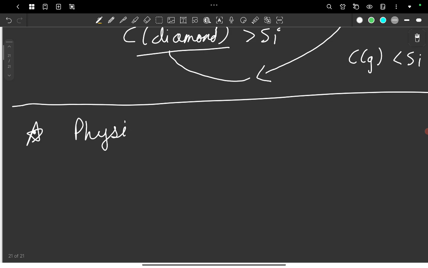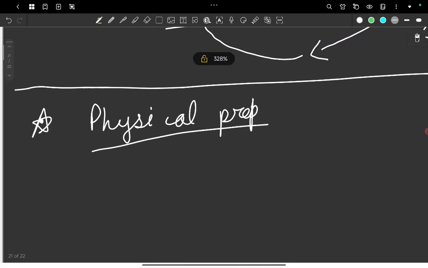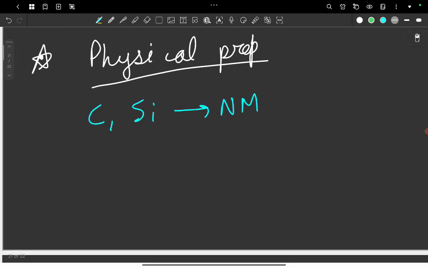Now let's talk about the physical properties. What are the physical properties of group 14 elements? This is a very small section, it will be finished on this page only. Physical properties is basically: carbon and silicon are non-metals and form acidic oxides. Germanium is a metalloid, which means it follows the properties of both metals and non-metals.